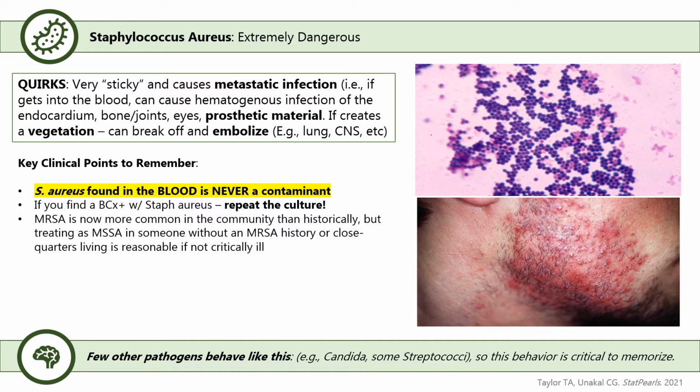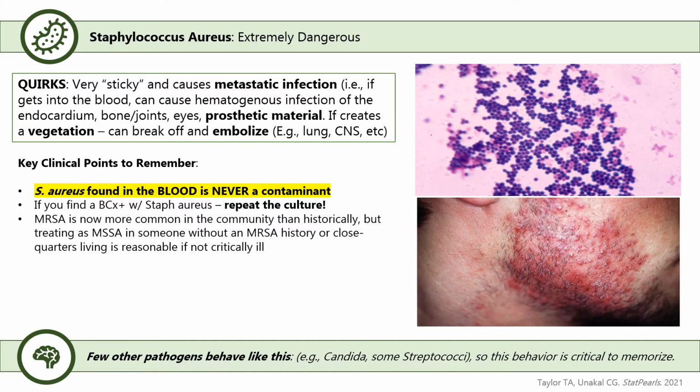If someone has no history of MRSA, no history of these types of infections, it's reasonable to treat them for MSSA empirically until proven to be MRSA. However, if the Staph aureus is in the blood, treating as MRSA empirically is justifiable with opportunity to narrow therapy to MSSA only once proven to be sensitive.